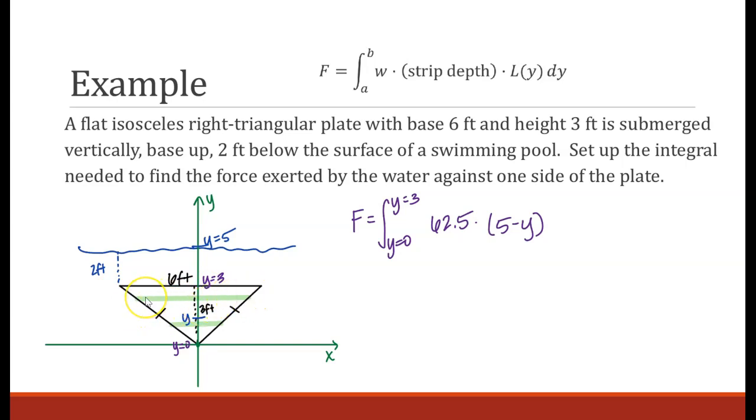And to find L of y, I'm going to need to find the right function minus the left function. So I need to figure out what is the equation of the right side of this triangle and what's the equation of the left side, so I can find this length, L of y.